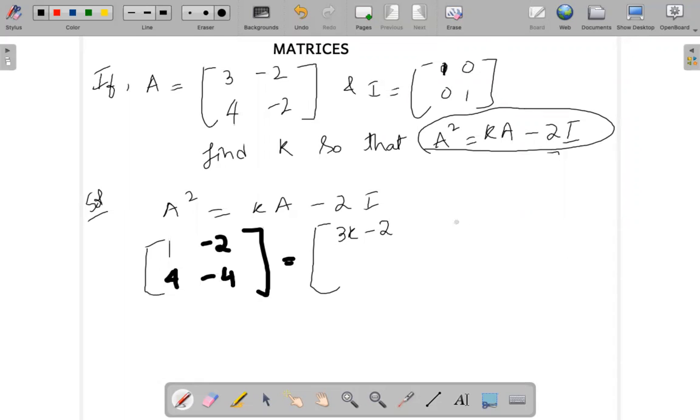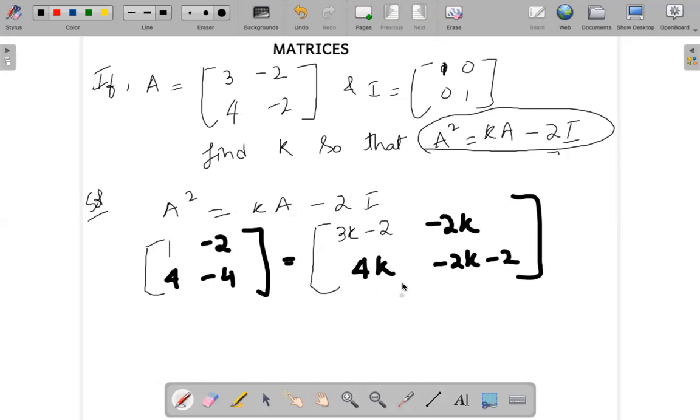And minus 2k minus 0, which is minus 2k. And then 4k minus 0, minus 4k, minus 2k minus 2k minus 2. That's it.